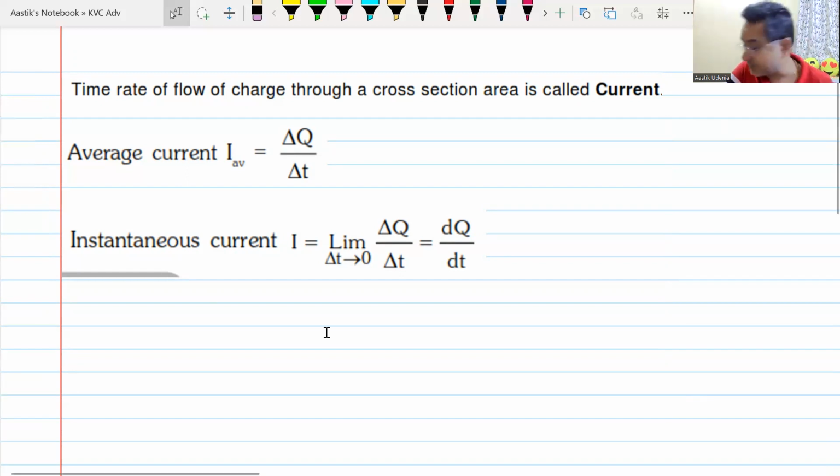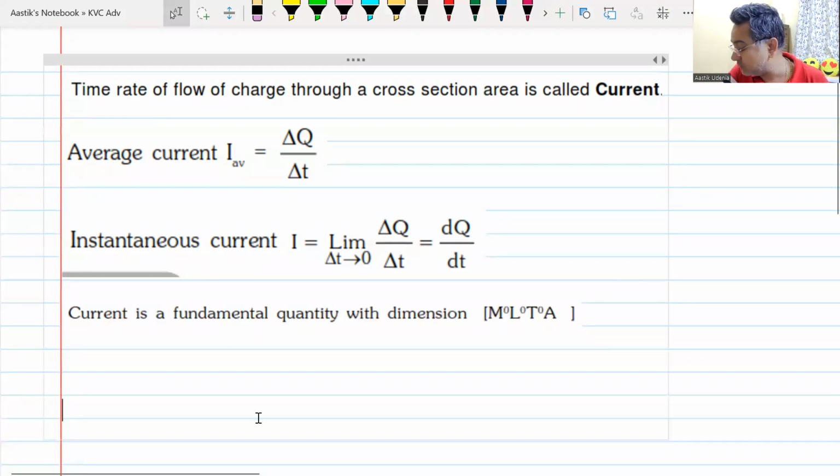A small thing that you must remember about current: current is one of the fundamental quantities. The dimension of current is m0 l0 t minus 1. Do we know this? Yes, sir. What type of quantity is electric current, scalar or vector?